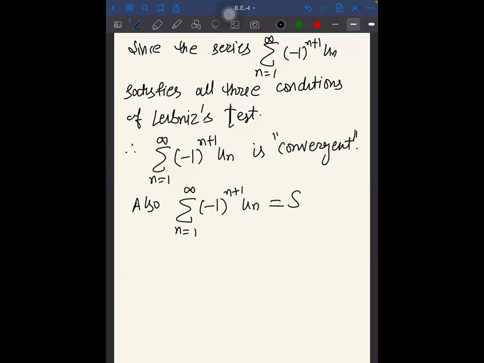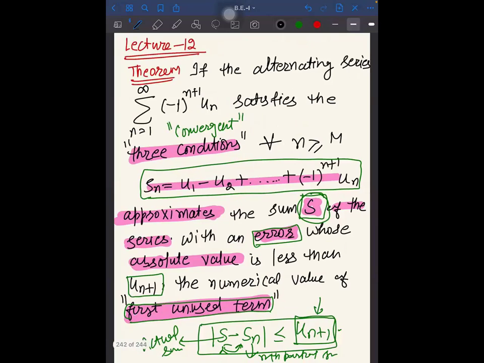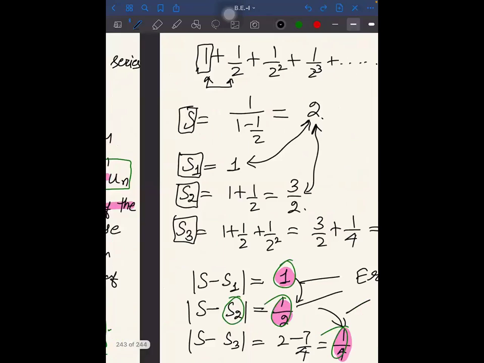This is given to us. Also, the summation n runs from 1 to infinity of (-1)^(n+1) un is s. This is given to us, that let's say the actual sum is s, right? Yes, sir. Okay, let's move to the next part.